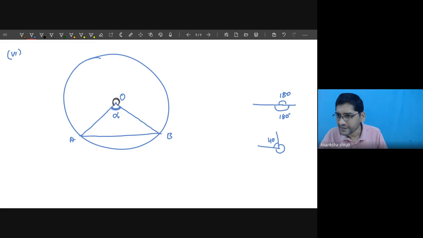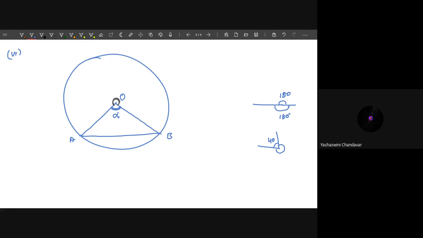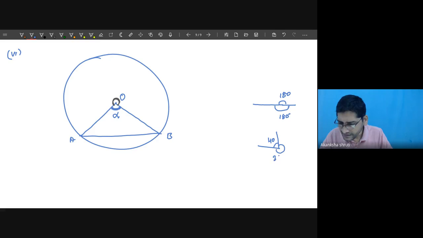How are we calculating? It is 360 minus 40. It is our 320 degrees.